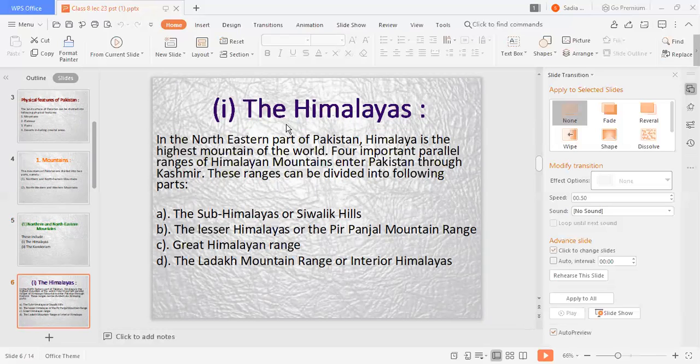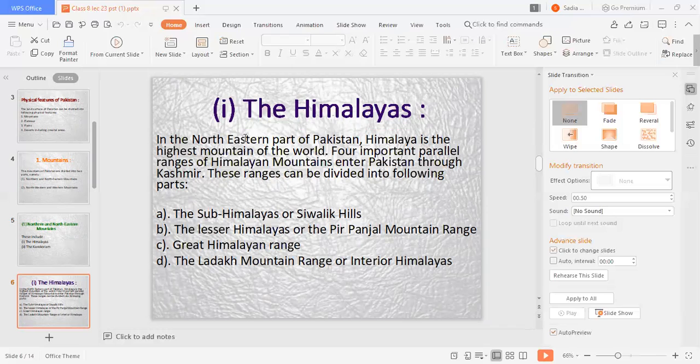You can see the Himalayas in the northeastern part of Pakistan. Himalaya is the highest mountain of the world. First of all, we are going to discuss the north and northeastern mountains, and they are divided into 2 parts, the Himalayas and Karakoram.